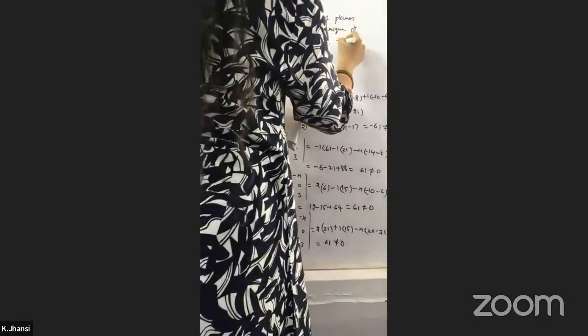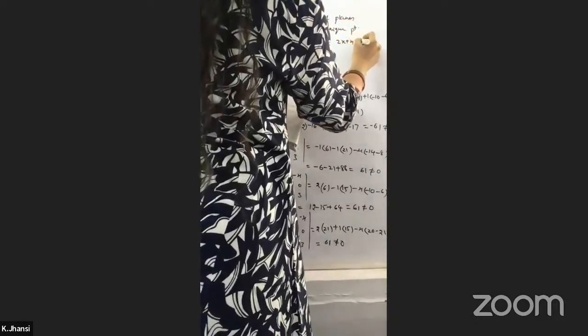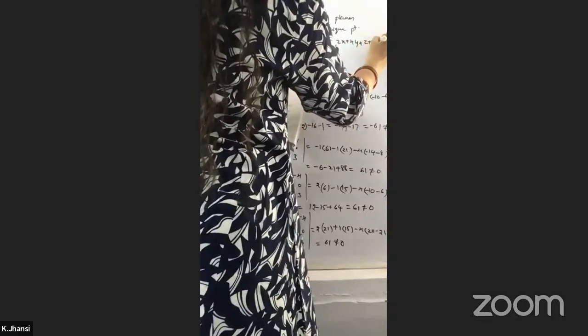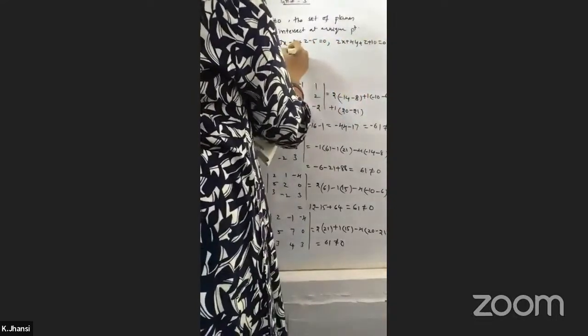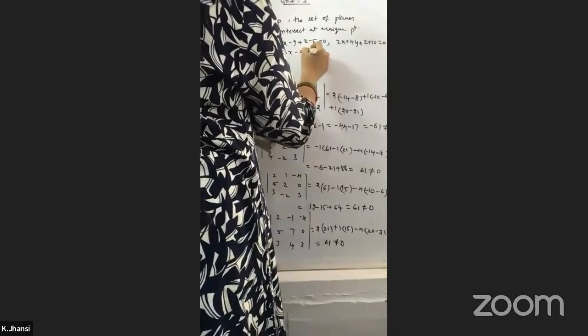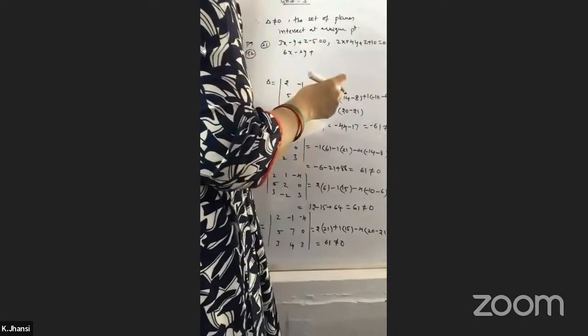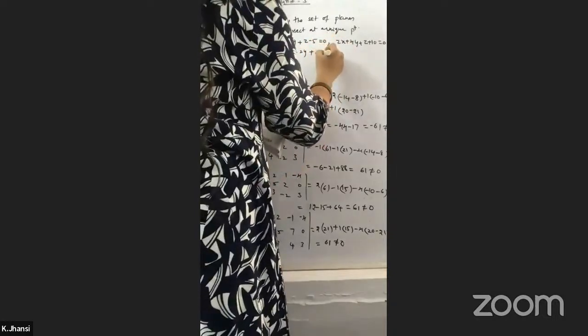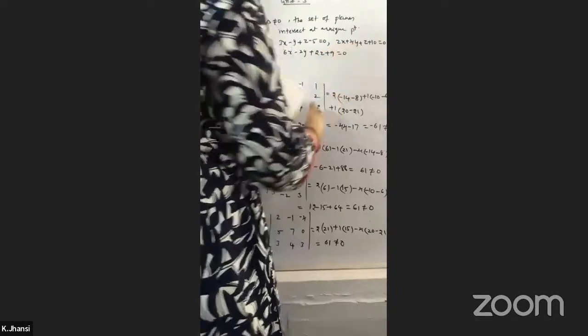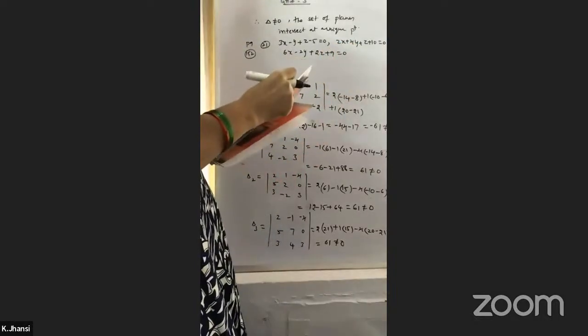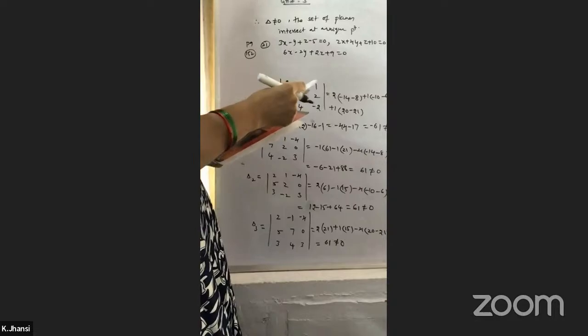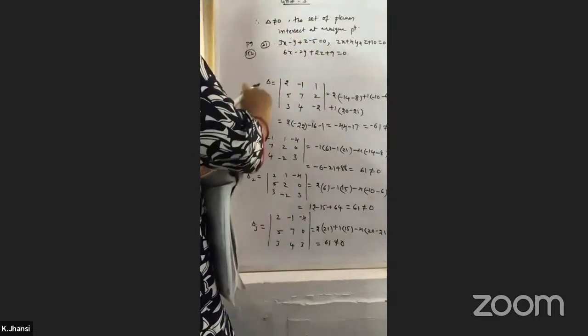Next one is 2x plus 4y plus z plus 10 equals to 0. 6x minus 2y plus 2z plus 9 equals to 0. Okay. These are the three plane equations.